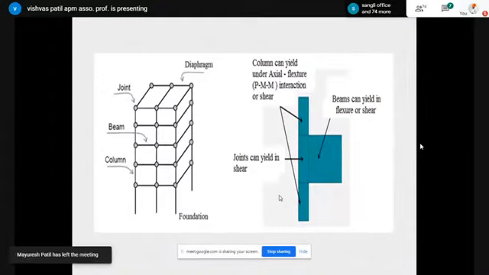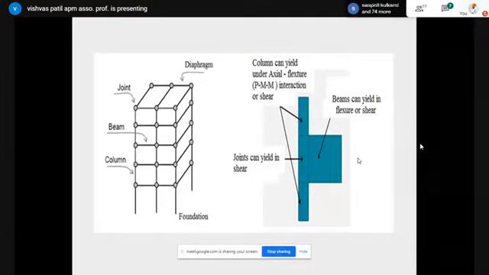What kind of non-linearity for the beam? Flexural non-linearity as well as shear non-linearity is required. Then what about the column? How does the column fail under lateral loading? The column fails in flexure, but it is a coupled action, flexure plus axial.